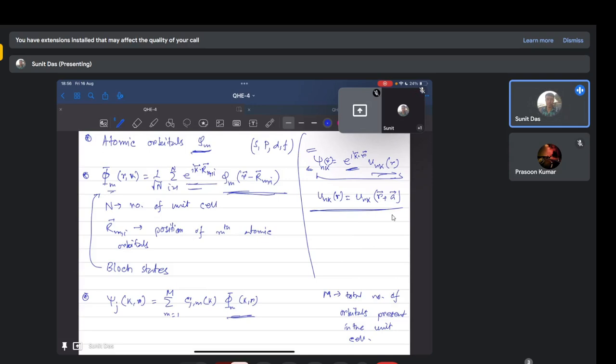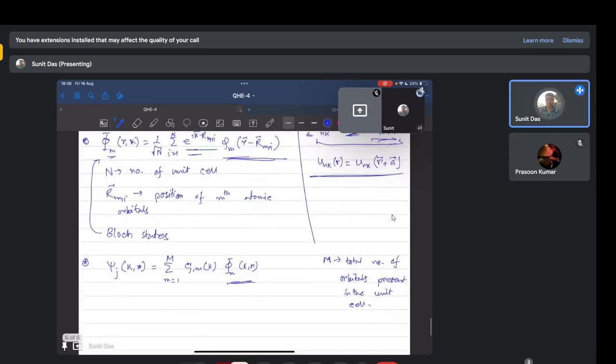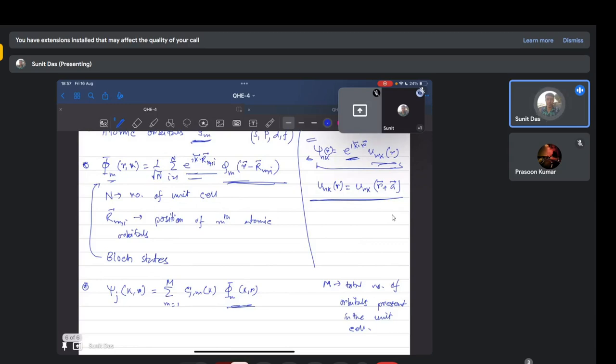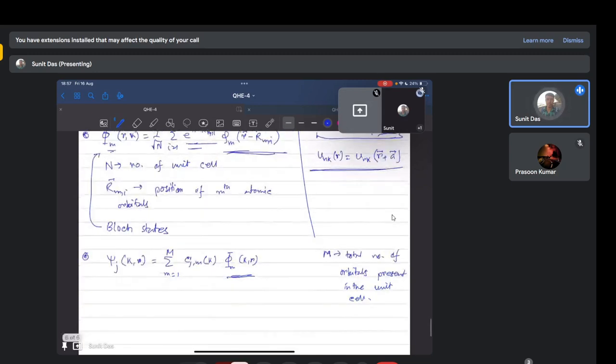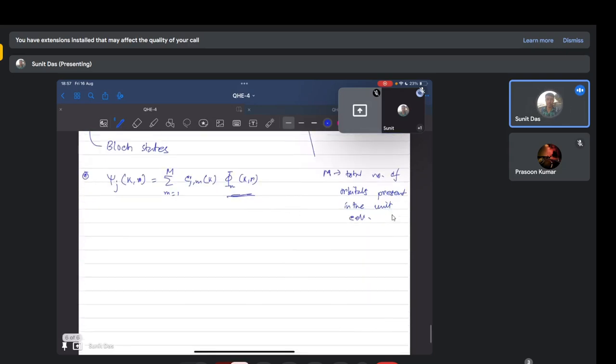And from this Bloch state, we are essentially adding all the possible atomic orbitals that are present in a system to form an electronic wave function, let's say. So m represents different orbitals, so it can be s, p, d, and so on. Okay, and we work with this electronic wave function.